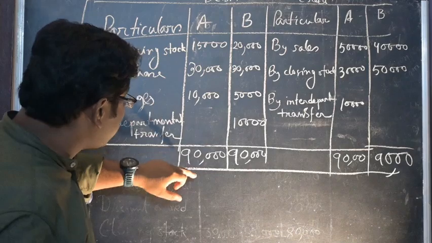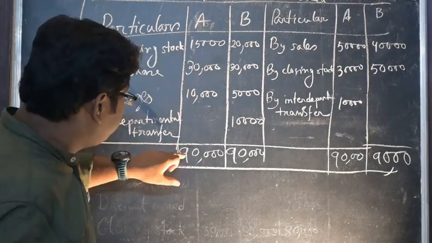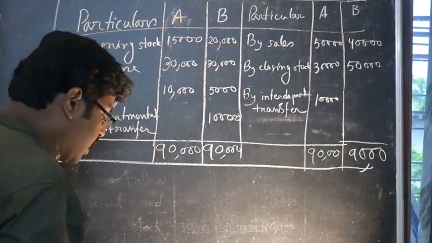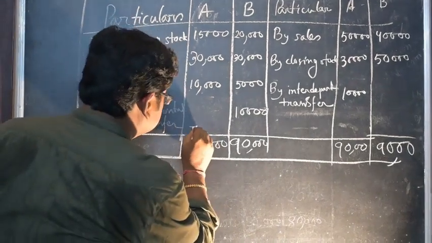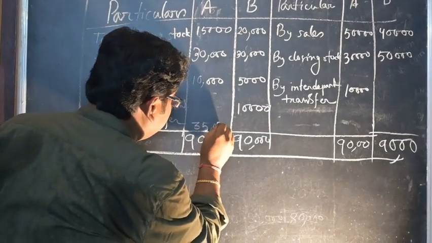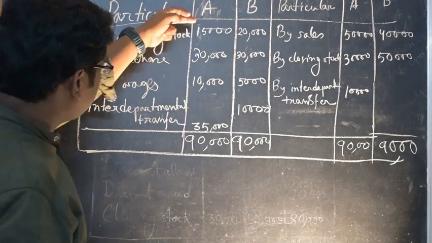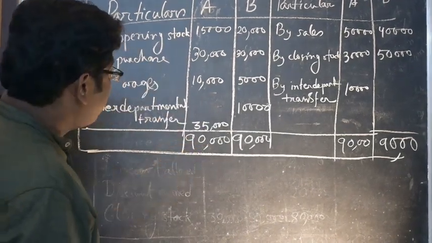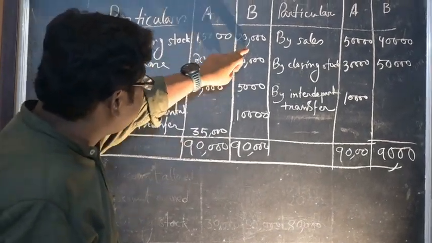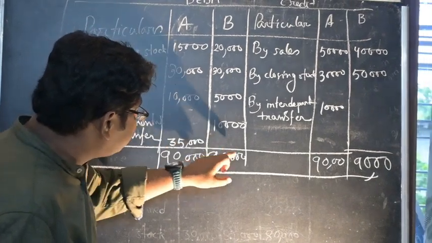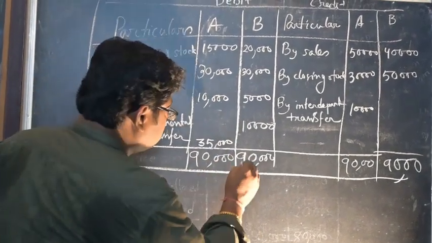If you subtract these from the 90,000, you have 35,000. And now this side is 90,000. And if you add these and subtract from 90,000, it is 25,000.